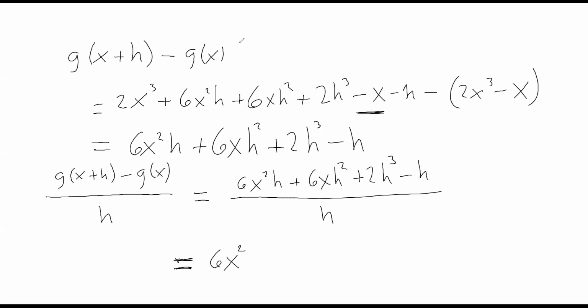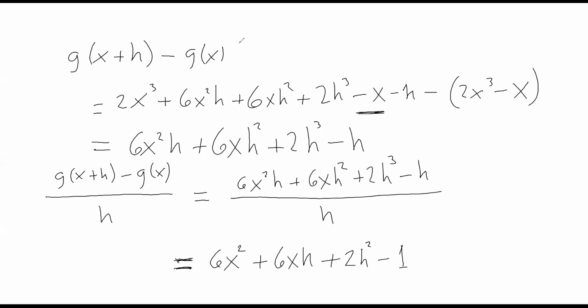We'd have 6x h squared divided by h, so that's going to turn out to be 6xh. We would have plus 2h cubed divided by h, so that's going to be 2h squared. And at the very end, we would have minus 1, which comes from the h divided by h. That's the difference quotient in this particular case once it's been simplified.